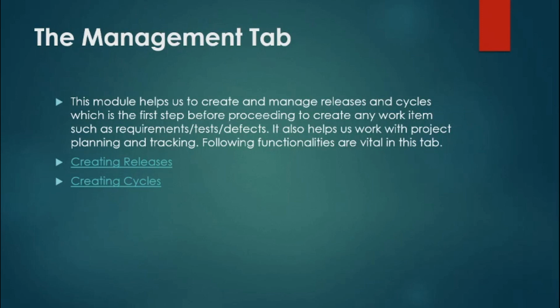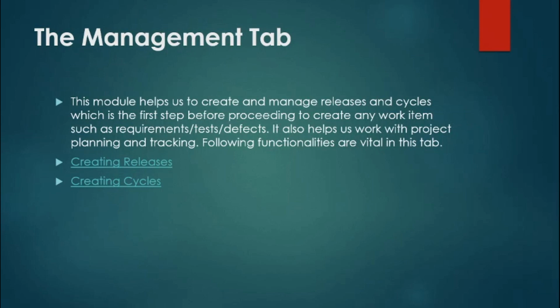Before creating any requirement or a test set, what you first require is the release and the cycle. Only then will you be able to select the release and the cycle for that particular requirement, because release and cycle are mandatory fields. Without these two fields, you will not be able to raise a defect or a requirement in HPLM. Also, it helps us with project planning and tracking.